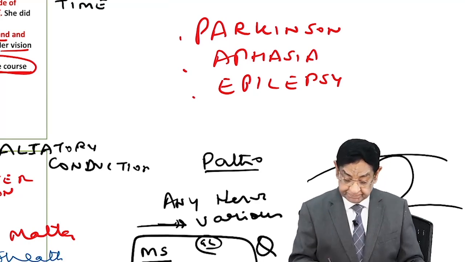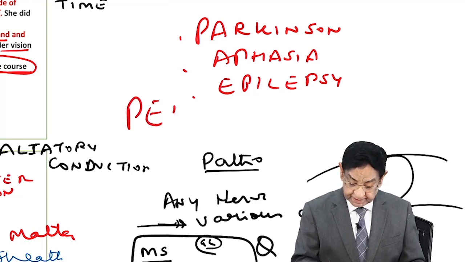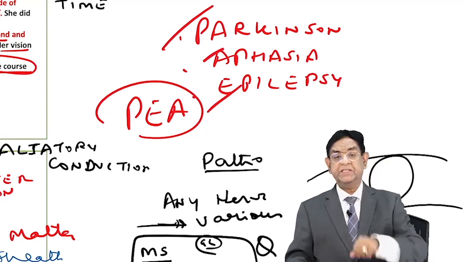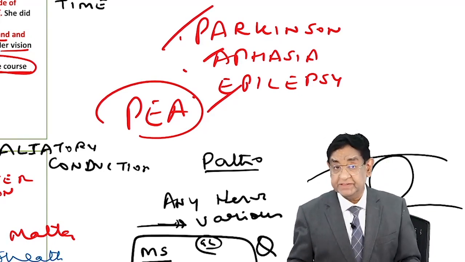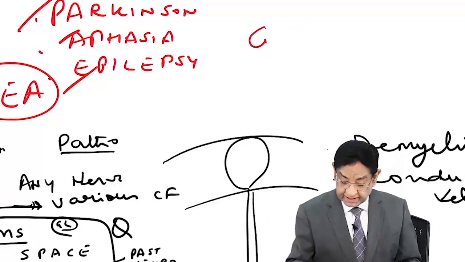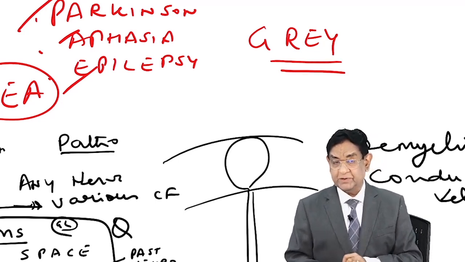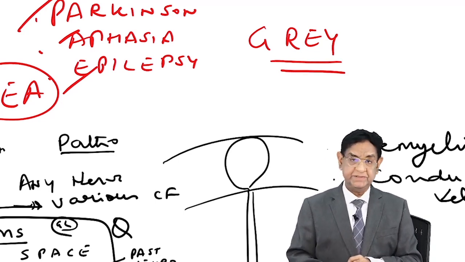The mnemonic is P-E-A. These things don't happen. Reason: they are all gray matter diseases. Point to be noted, multiple sclerosis is a white matter disease.